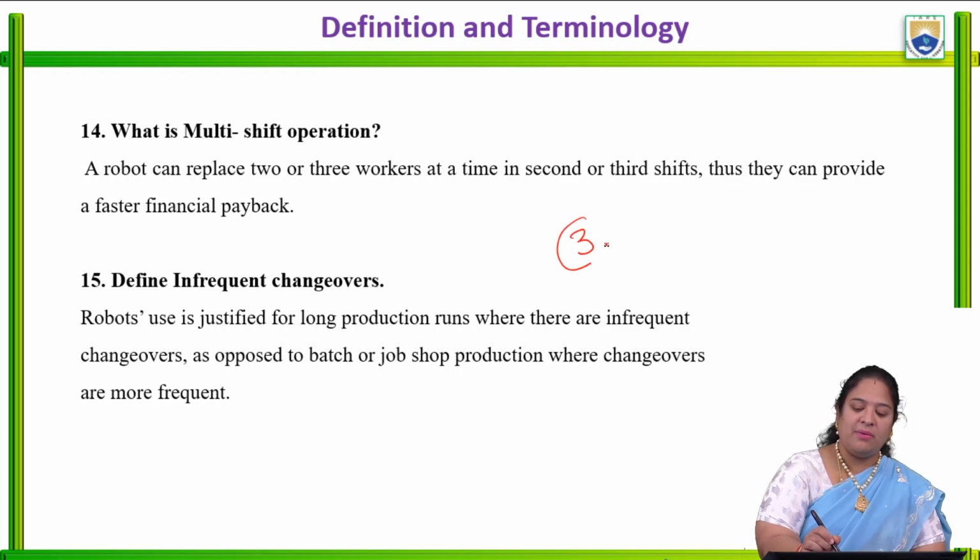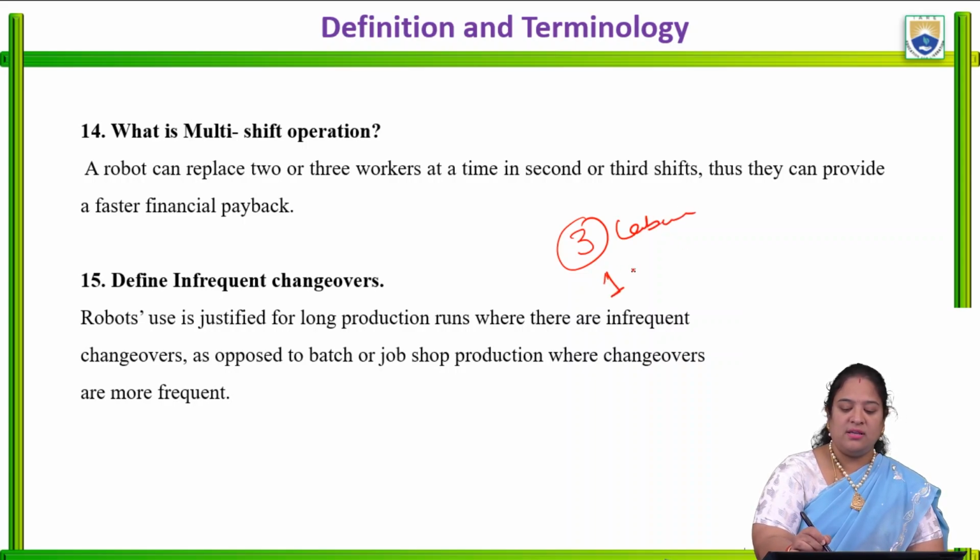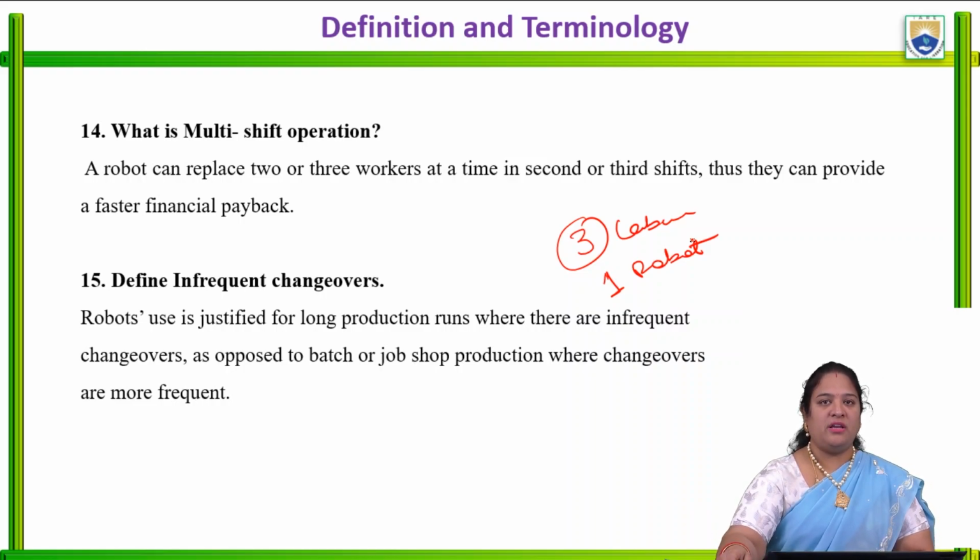The work to be done by 3 laborers is done by a single robot in a multitasking system at a lower financial cost and faster time. That is known as a multi-shift operation.